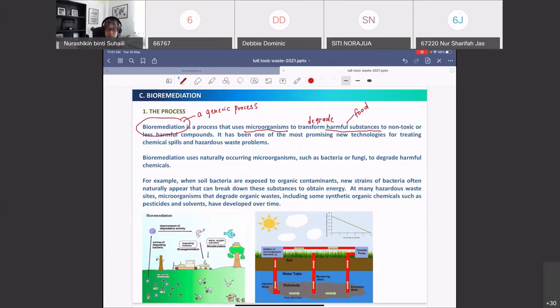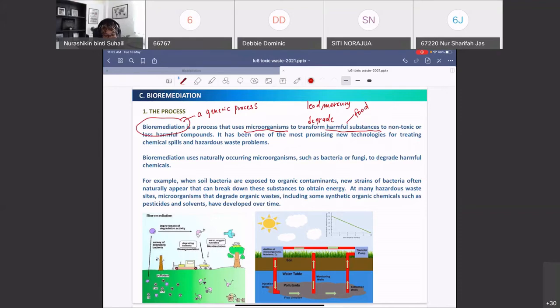So at the end, whether it is lead or mercury, once they are exposed to these microorganisms that can eat them, these toxic materials will no longer be there. The mercury will no longer be there. The lead will no longer be there. So that's how these toxic materials can be discarded. We can get rid of these toxic materials.